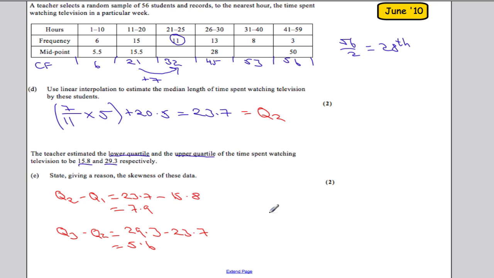So we can see that 7.9, or Q2 minus Q1, is greater than 5.6. So if Q2 minus Q1 is greater than Q3 minus Q2, that implies that it's a negative skew.